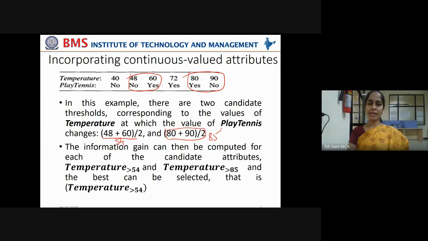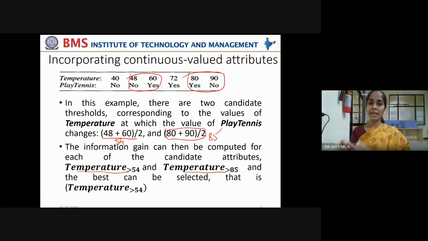Now, the information gain can be computed for each of the candidate attributes: temperature greater than 54 and temperature greater than 85. What will happen here? Temperature greater than 54, all will be classified onto one branch, and the rest onto another branch.